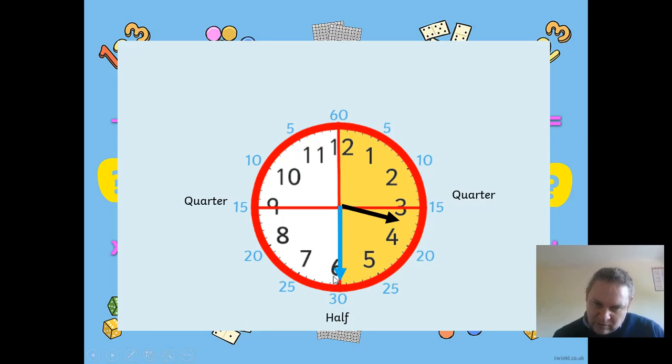Now, we know that when this minute hand travels all the way up to the 60, it will then arrive at the 4, won't it? As this travels in minutes up to the 12, up the top, the hour hand is going to slowly travel to the 4, okay? And when this minute hand hits the 12, the hour hand will then be at the 4, okay? So it's half past 3, this one.